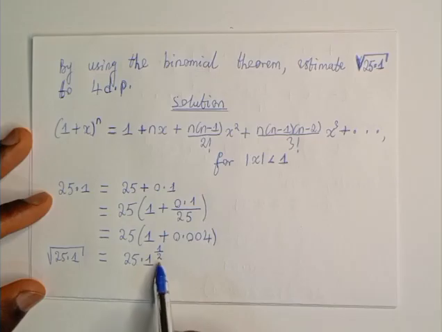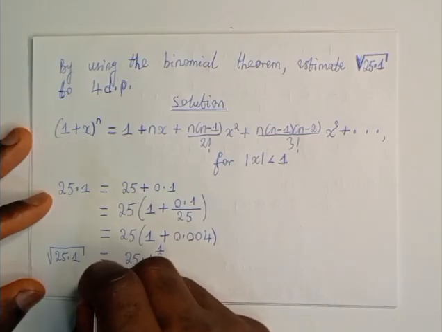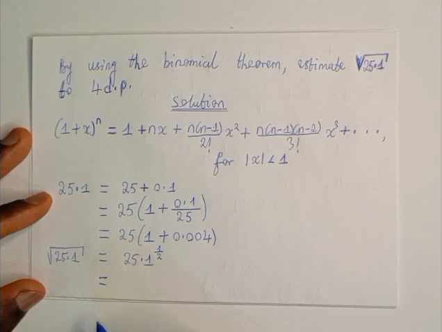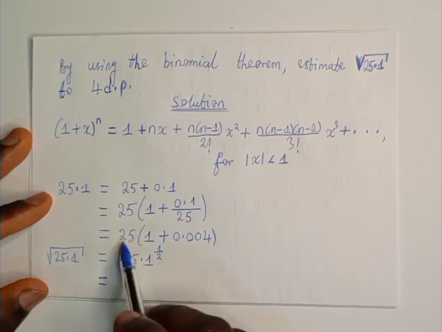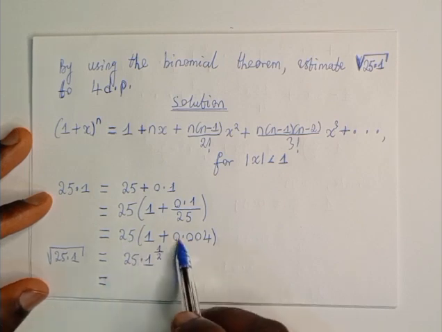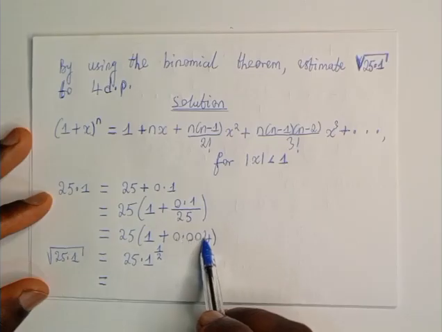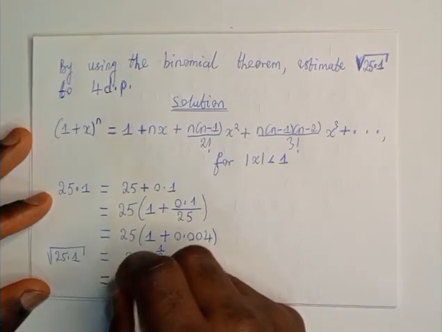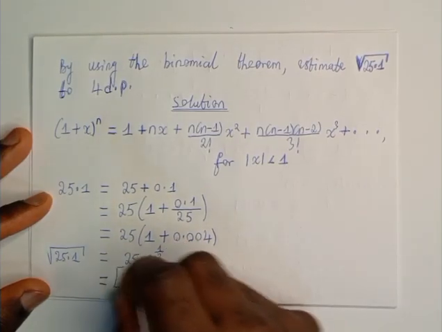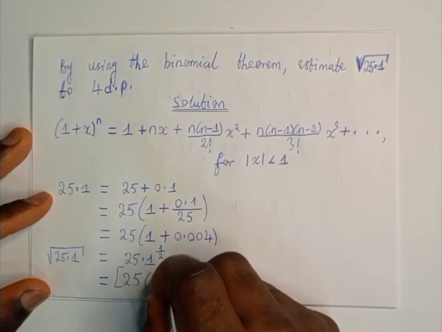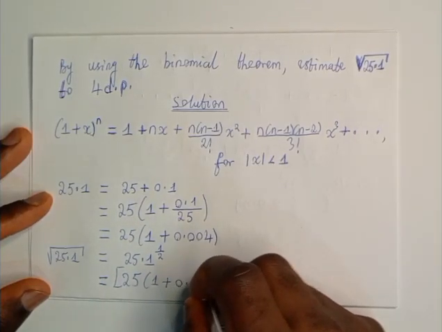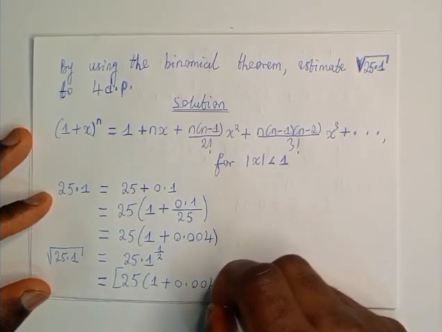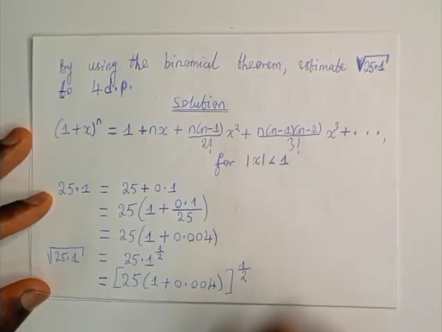You see the power now becomes a rational power. This will simply be equal to 25 times 1 plus 0.004, all this raised to the power a half.